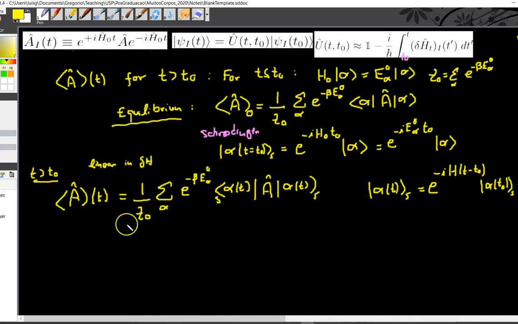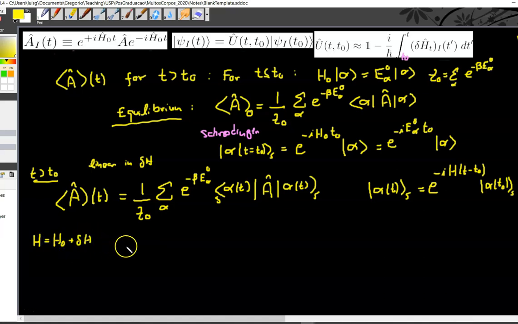All right, so let's write these in the interaction picture, for the reasons that make the interaction picture interesting, which is when I have something like this.